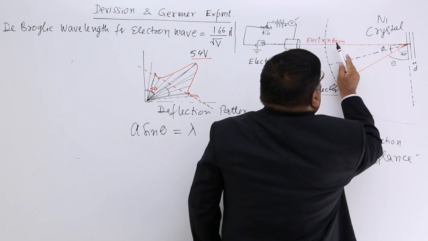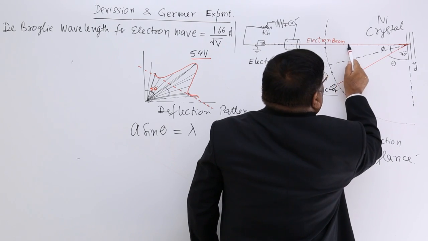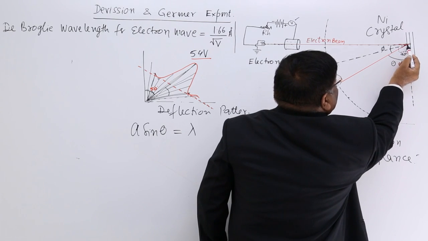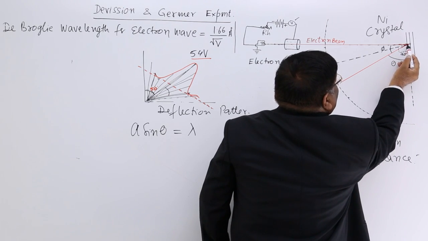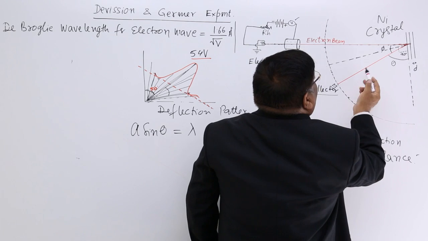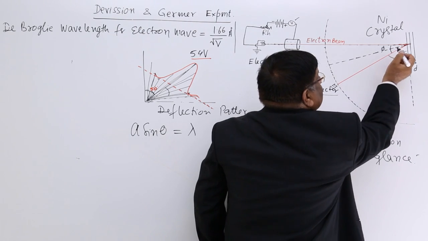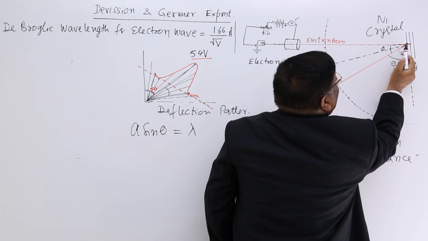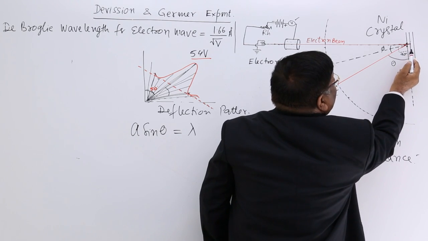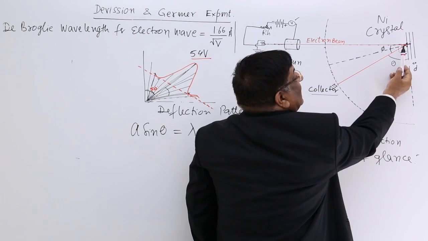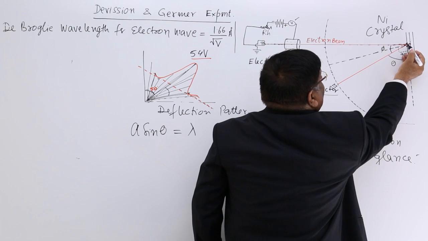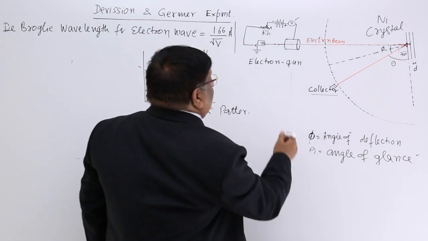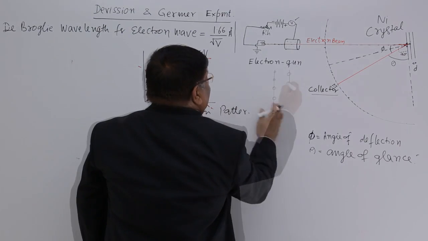See, one part of the beam, some of the electrons strike this surface and return back. Few more electrons pass these two atoms and reach this second layer, and they are reflected by this. So there is a difference in the path.